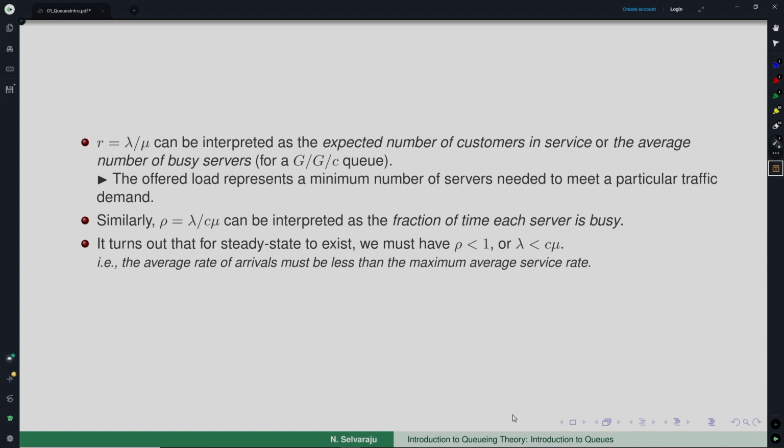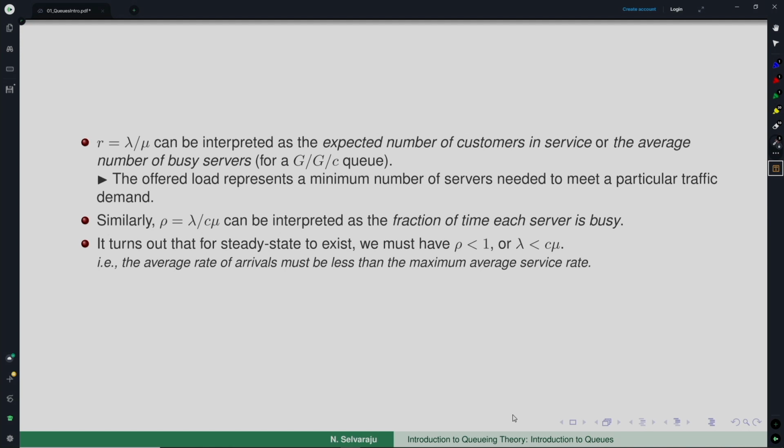It is obvious, right. In many situations, this offered load represents the minimum number of servers needed to meet a particular traffic demand. So, that is what the offered load is.